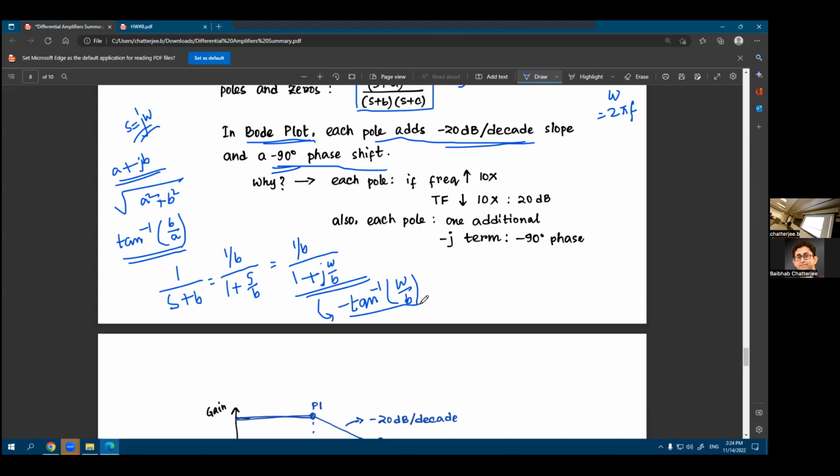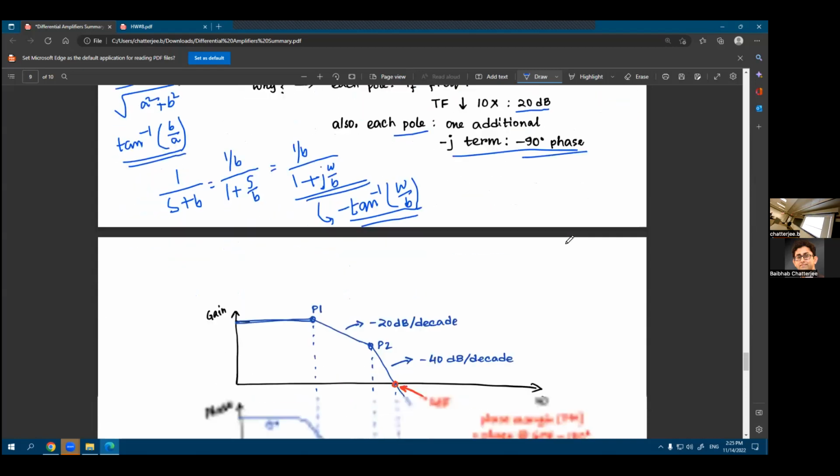So you have a minus 90 degree because of the existence of the pole at omega equal to b. Because of the existence of that pole at infinite frequency, you'll see an addition of a minus 90 degree phase. That's what I'm trying to get at, right? And again, it just comes from complex numbers. So nothing fancy. So each pole will mean an additional minus 20 dB per decade, and each pole will mean an additional minus 90 degree phase.